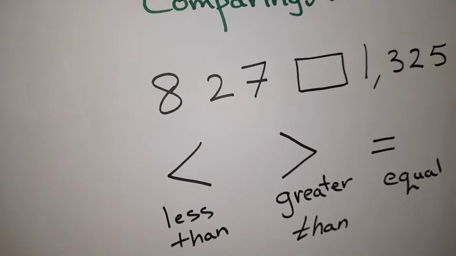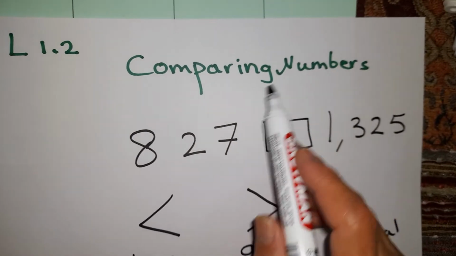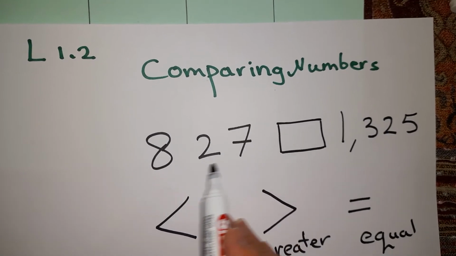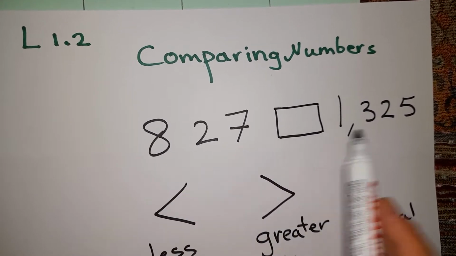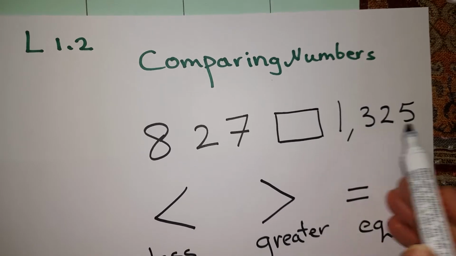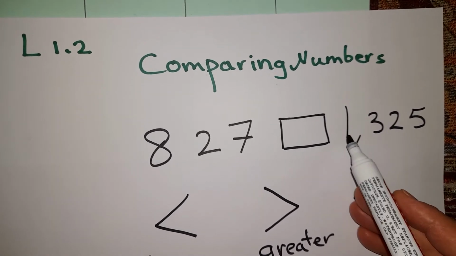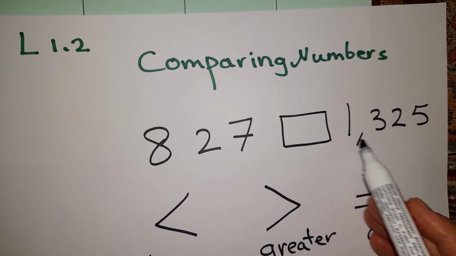You start your first step when you are comparing numbers: count the digits. How many digits? This number has only 3 digits: ones, tens, hundreds. This number has 4 digits: ones, tens, hundreds, the period of the ones, then it starts in the second period, the thousands.